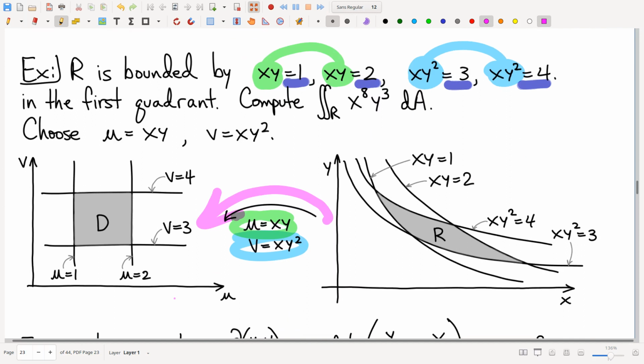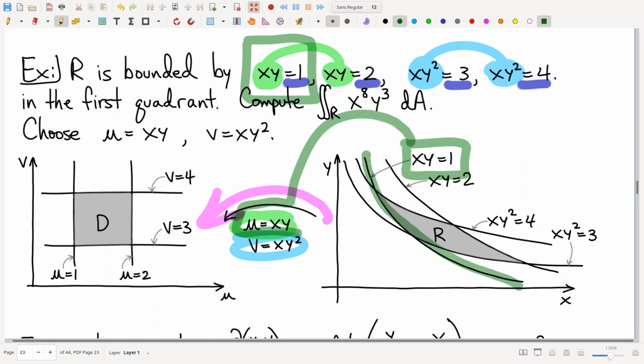Let's think about the domain and what happens to my domain if I do this. We'll take this one little bit at a time. Let's start with this curve right here, xy equals 1. Well, that curve, xy equals 1, wait a second, if u is xy, then the curve xy equals 1 becomes just u equals 1, which is a straight line in the UV plane.